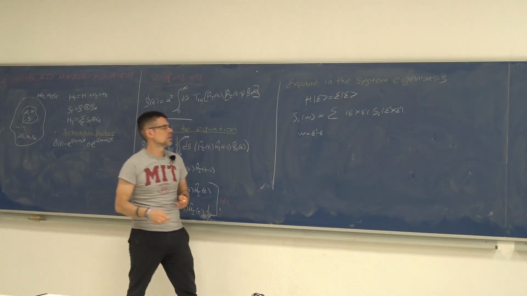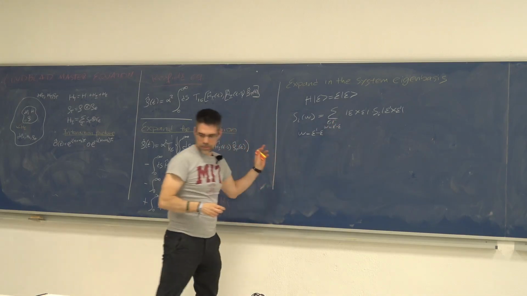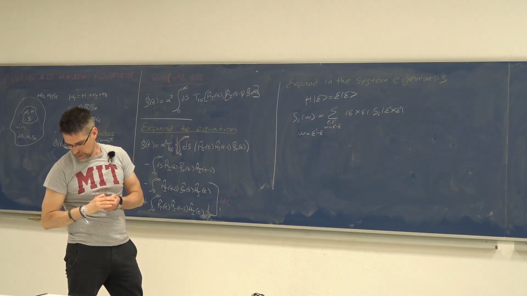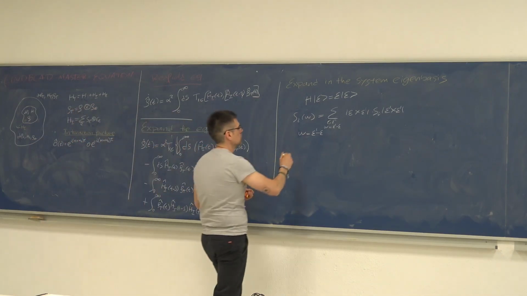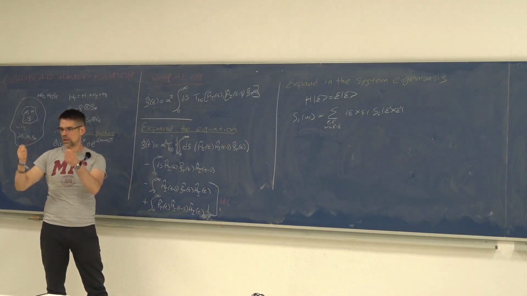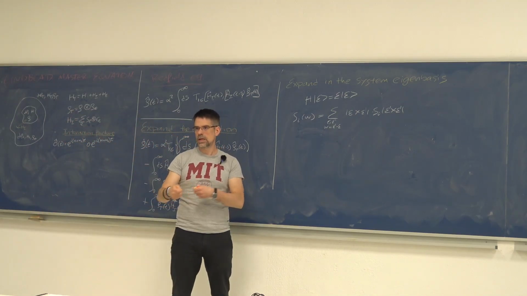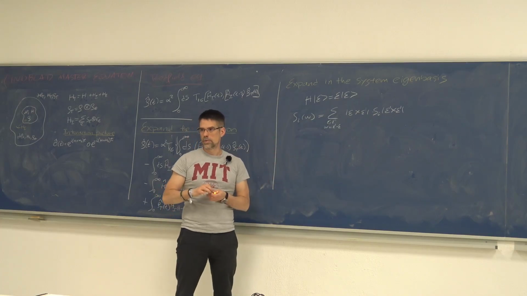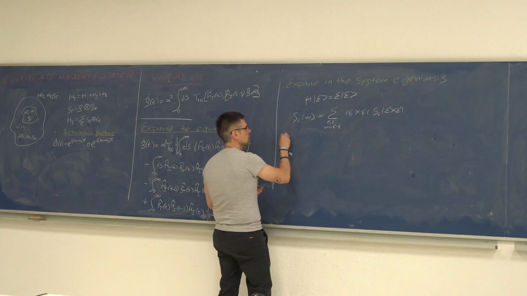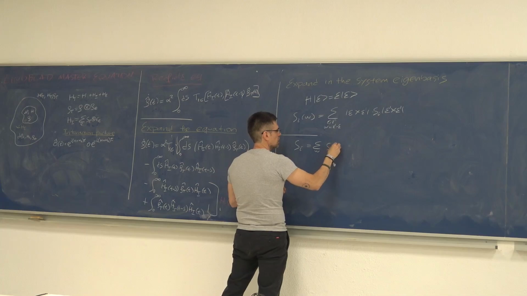So I fix the difference between energy, and then I sum over all epsilon and epsilon prime such that omega is equal to epsilon prime minus epsilon. Let me see again if it is epsilon prime minus epsilon, or epsilon minus epsilon prime. Okay, correct. This is just a definition. I take all the eigenvalues of the energy, I define all the possible differences between these eigenvalues, and I define this projector. One thing that you can see is that S is just the sum over omega of S(omega).